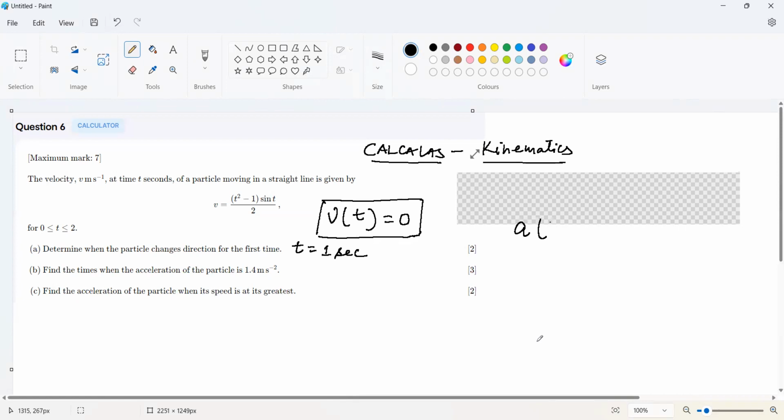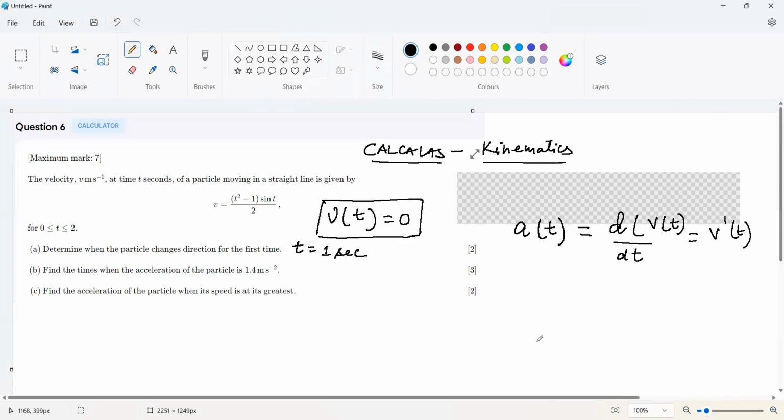Differentiation of the velocity function is the acceleration function.